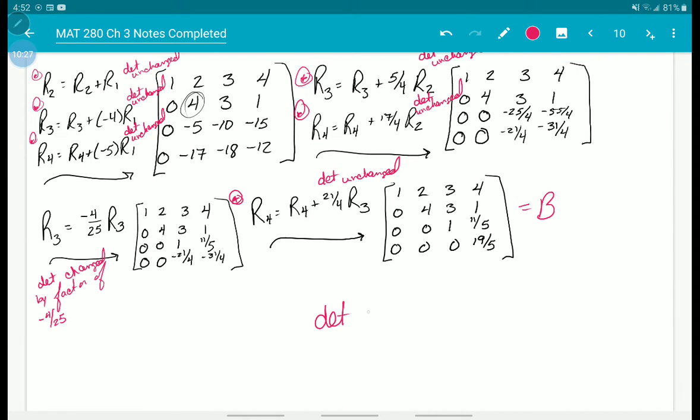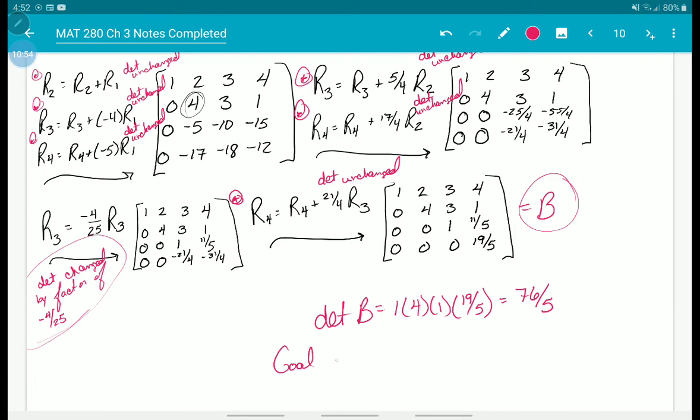So the determinant of B is equal to the product of the entries down the main diagonal. So our determinant is 4 times 19 over 5, which is 76 over 5. Okay. However, remember, that determinant got changed. The goal in the beginning was to find the determinant of A. And when we performed this step here, we ended up changing that determinant by a factor of negative 4 over 25.